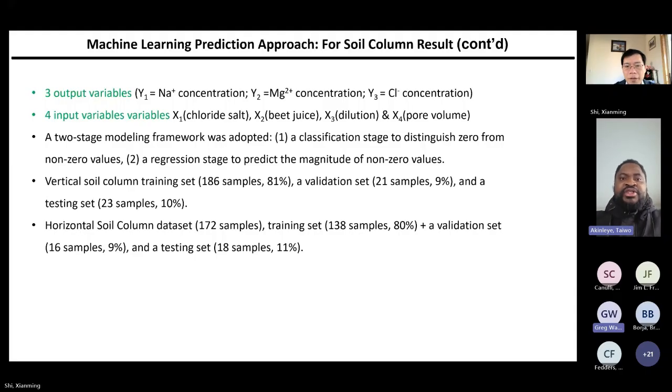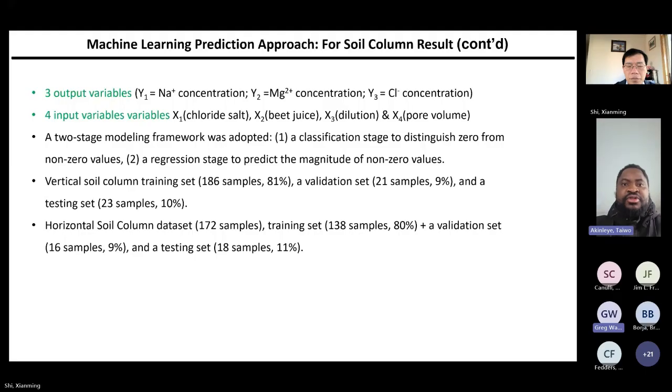But then basically, we still maintain the same input variables for this machine learning prediction, which is just making sure concentration, sodium, magnesium, and chloride are well represented in our model. And using different variables, we chose the chloride salt concentration, and then beet juice, and then look at the dilution ratio, and also the pore volume.